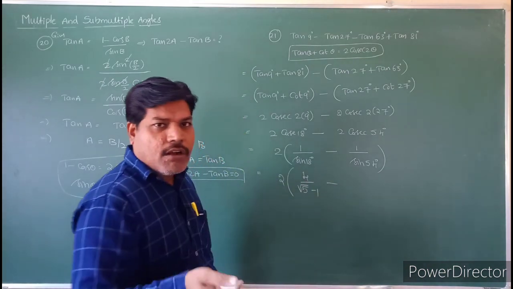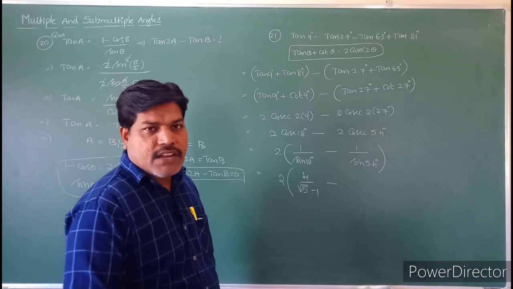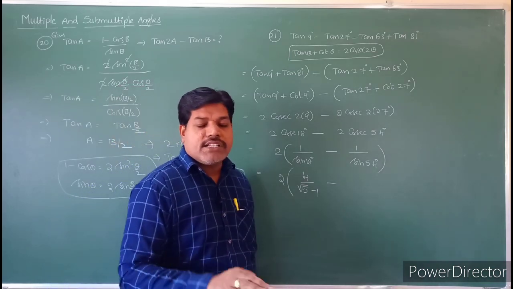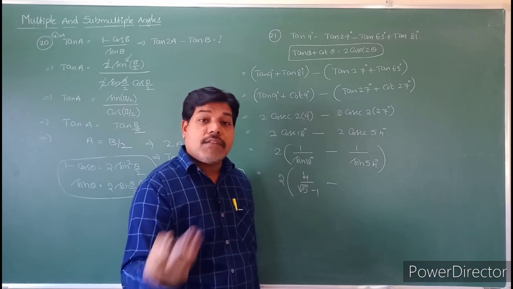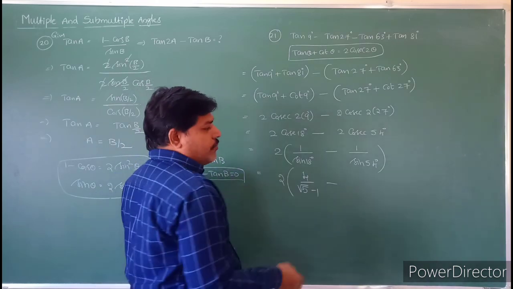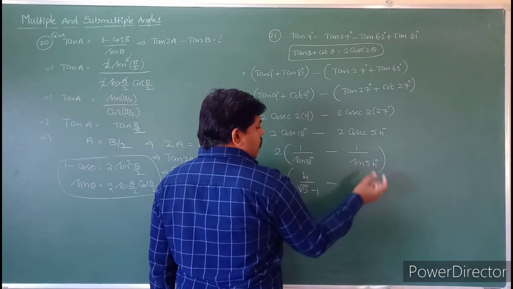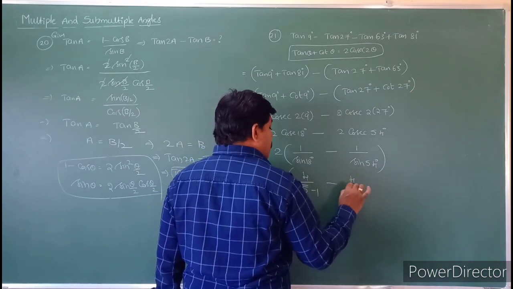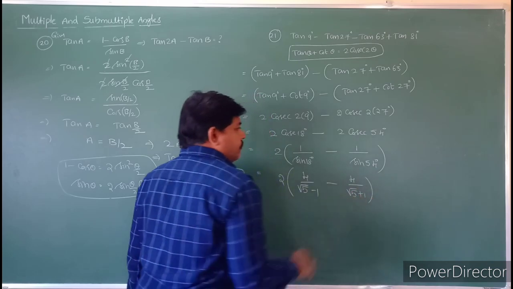Sine 54 is nothing but cos 36. Yes or no? Sine 54 is nothing but cos 36. Cos 36 is root 5 plus 1 by 4. So if you take the reciprocal here, for sine 54 you will get 4 by root 5 plus 1.